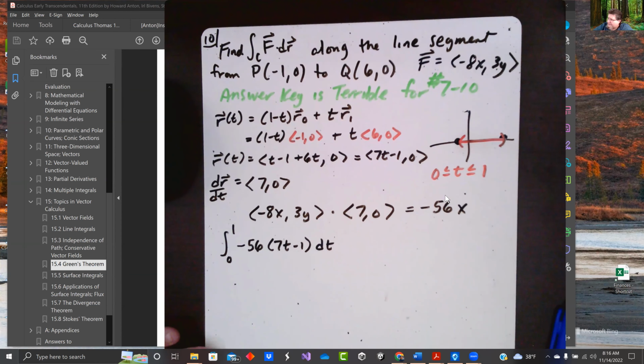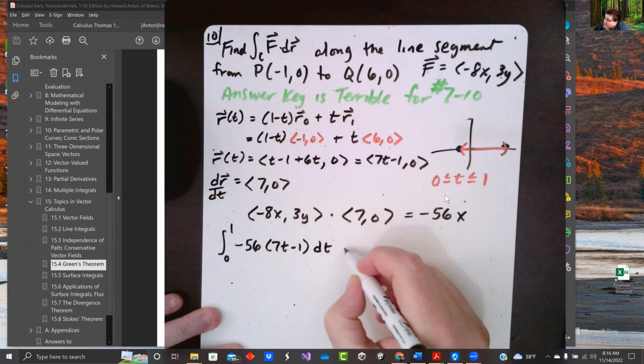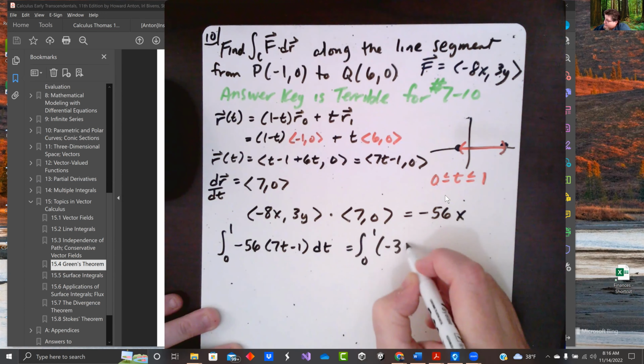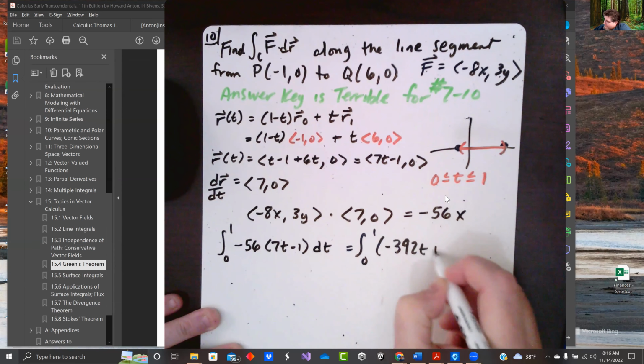So we've done the F dot dr, and we've got our dt. I didn't realize this problem had big numbers. Where's my calculator? Wait, 350 and 42 is 392. I don't need a calculator. Quit being a wuss, Jones. We get -392t plus 56.